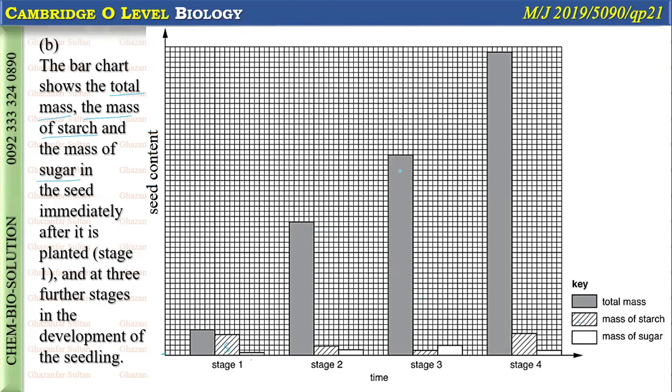Then stage 3, total mass is also increased, but the level of starch is decreasing and the level of sugar is rising. And in stage 4, you can see the total mass is much greater than the initial stage or the previous stages, but the amount of starch again rises and sugar decreases.